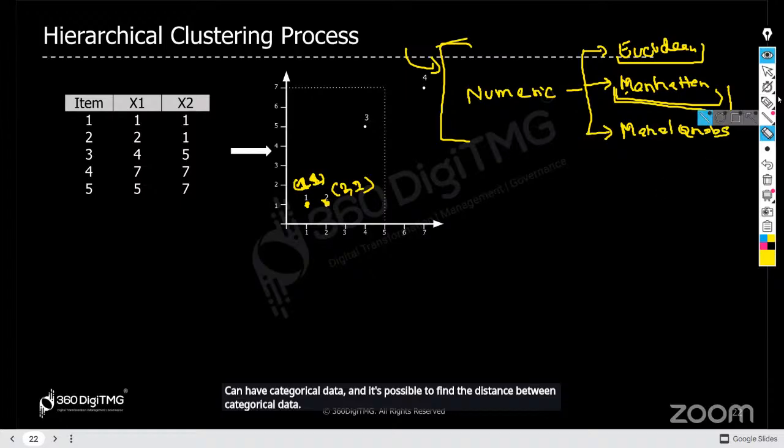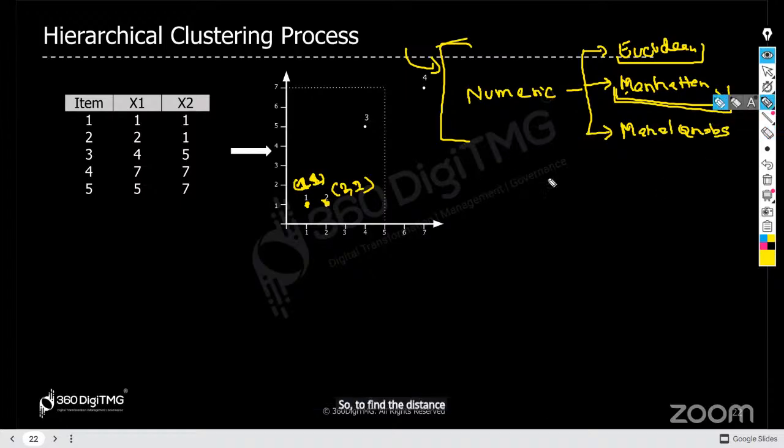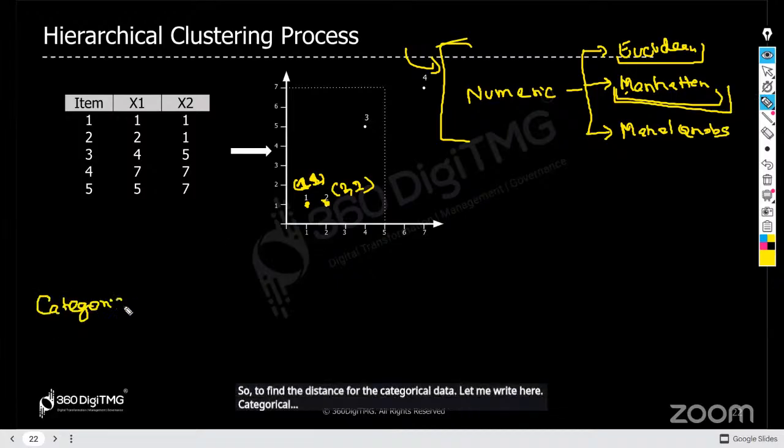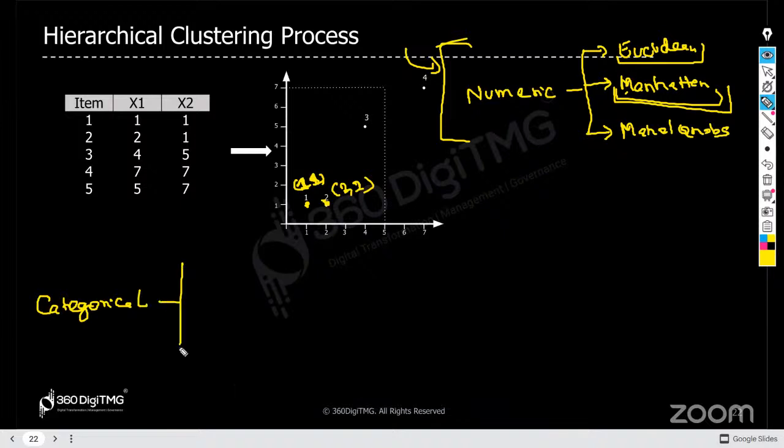To find the distance for categorical data, we have the binary Euclidean distance.